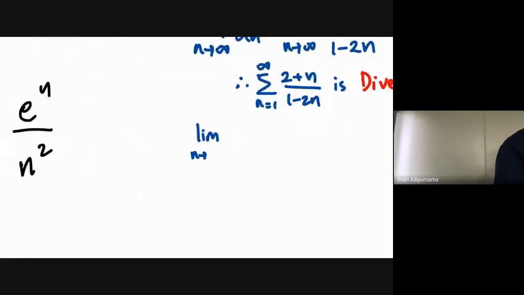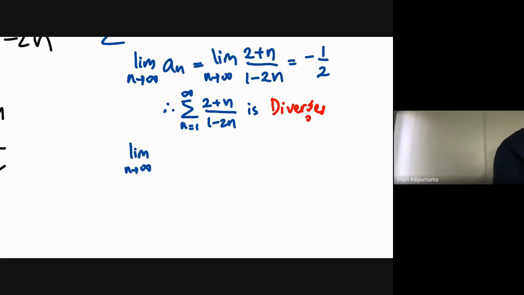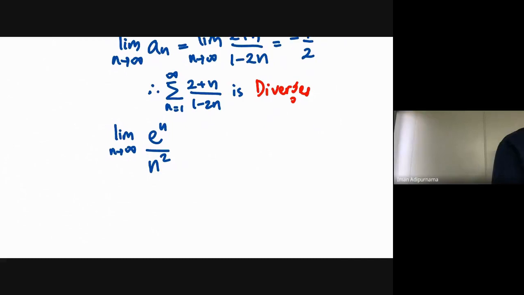For number 2, we can take the limit of e to the n over n squared. The same way, we remember this is infinity over infinity, right? So we can use L'Hopital's rule.